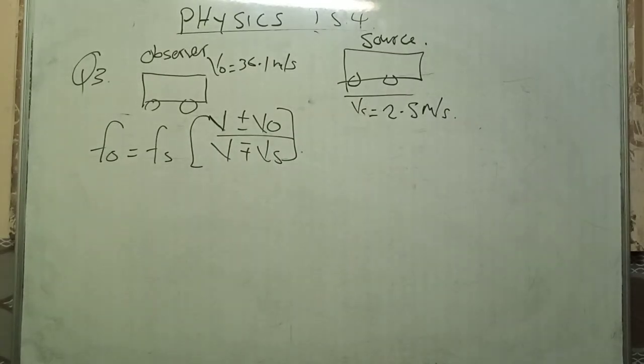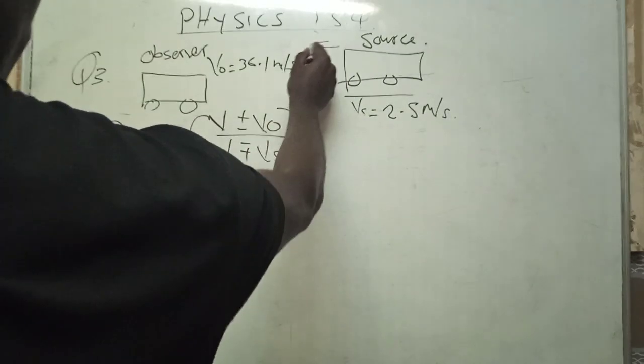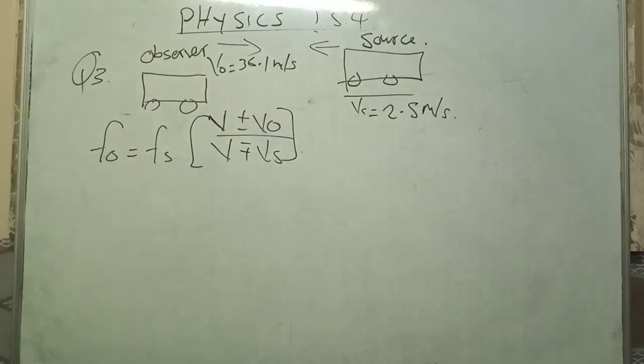What we need to understand, guys, is this. When the observer and the source are moving toward each other, like in this case, we are supposed to use the signs. This is the general formula.